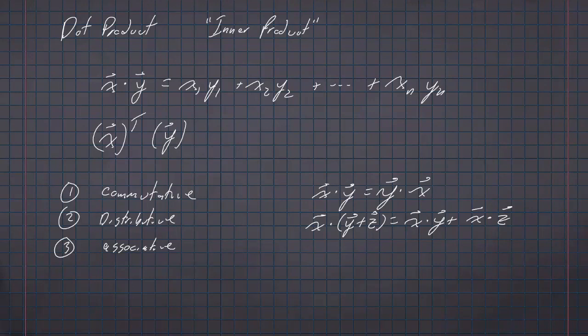The dot product is associative with the scalar product. Kx dot y is the same thing as k times x dot y, and is in fact the same thing as x dot ky.